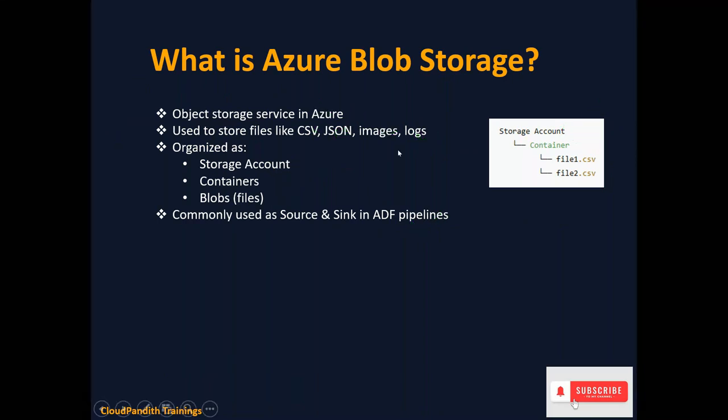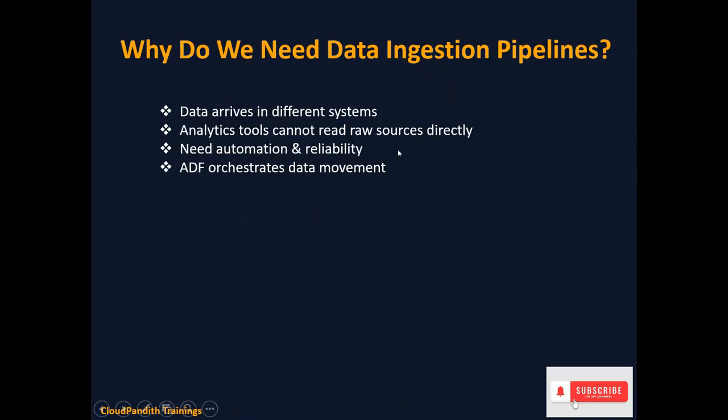Let's move on to the next slide. Why do we need a data ingestion pipeline? In real-world projects, data is generated in different systems. These systems may include applications, databases, or storage services. Our analytical tools cannot directly read data from all these sources.